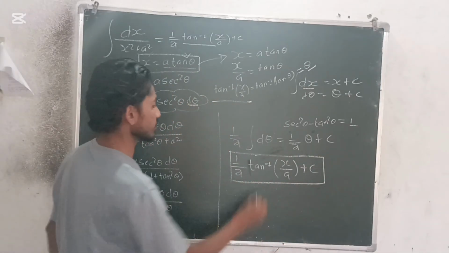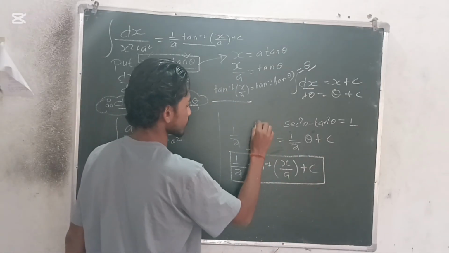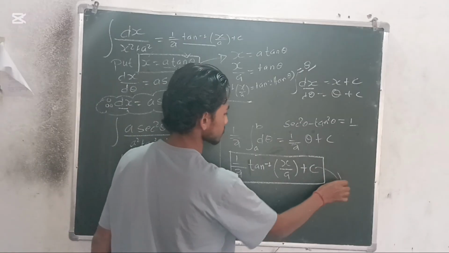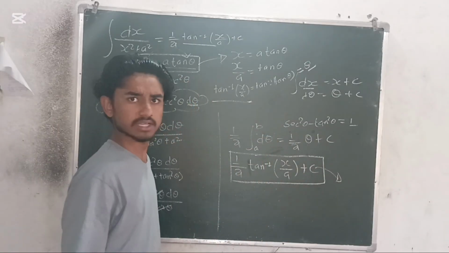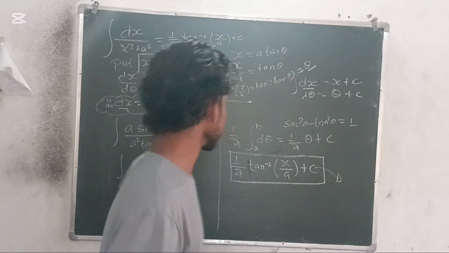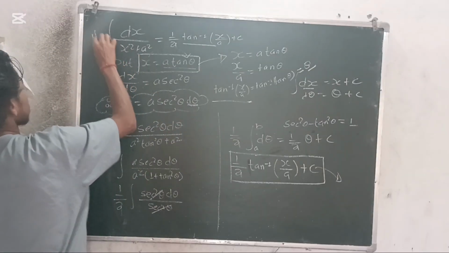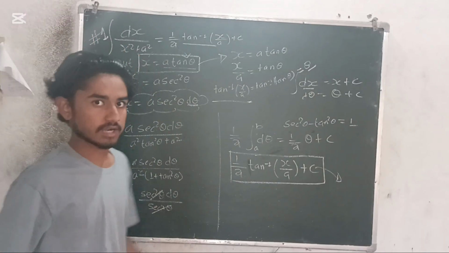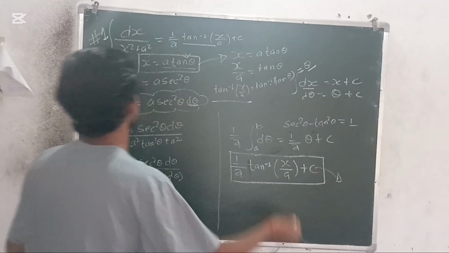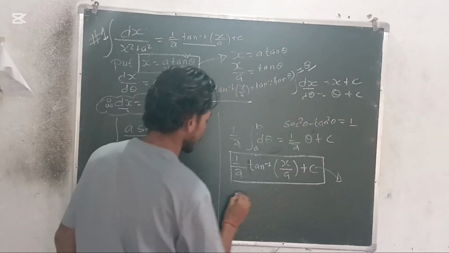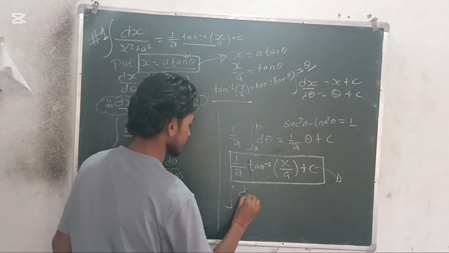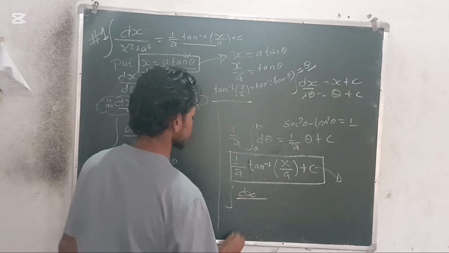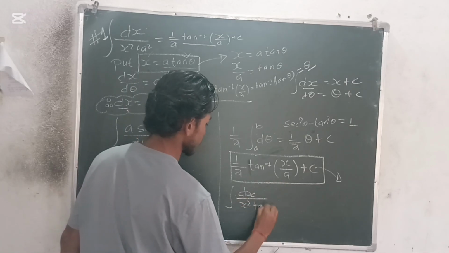And if there is some limit, say from a to b, you will not get this constant term because then it will be a definite integral, right? So this is the first integral, and this would be our first integration video. We have derived how this formula came out, that is the integration with respect to x of 1 over x square plus a square.